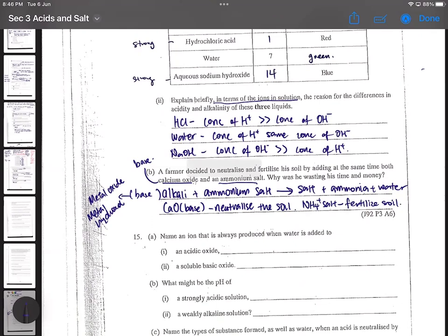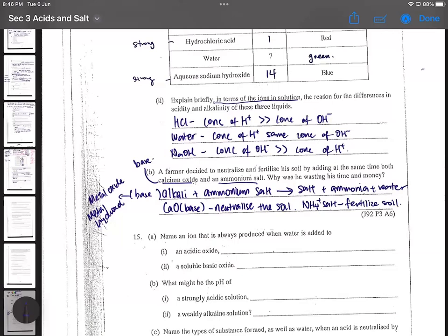Nitrogen is the base of plant and animal proteins. So in order for plants or animals to grow, there needs to be an injection of nitrogen. In this case, the plant growth is enhanced by ammonium salts because of the nitrogen present. And if the soil is too acidic, it is neutralized by the base, acid-base neutralization.